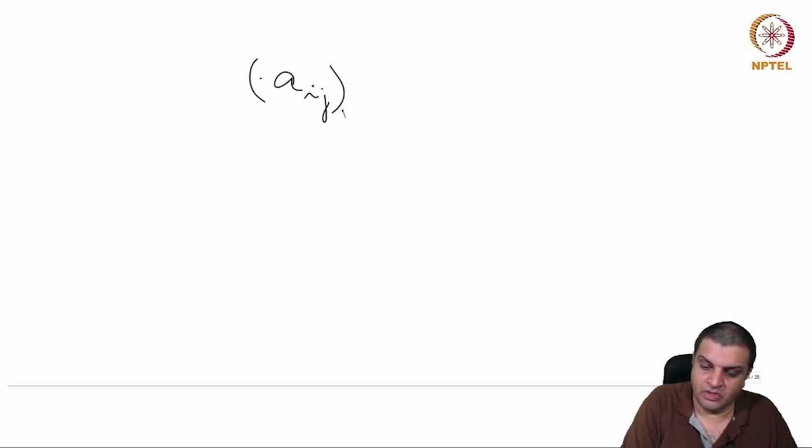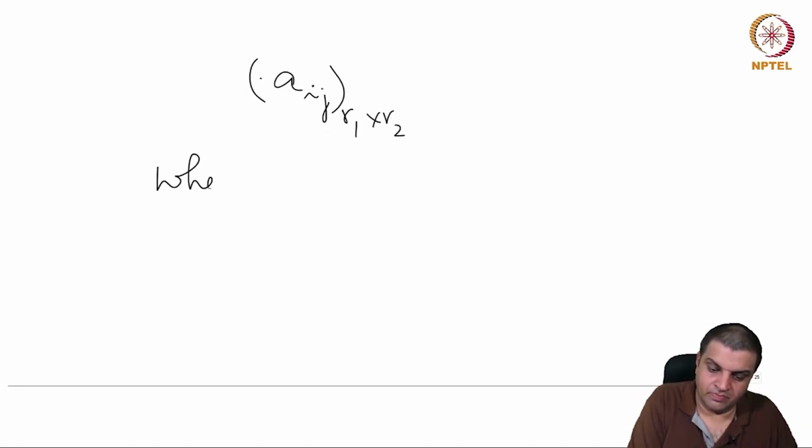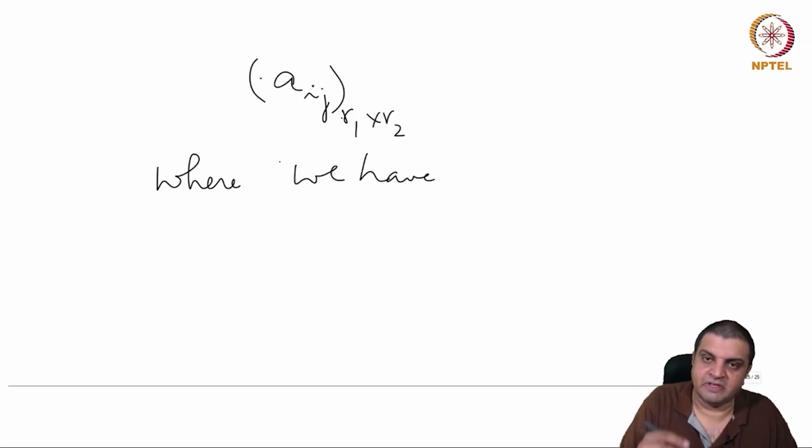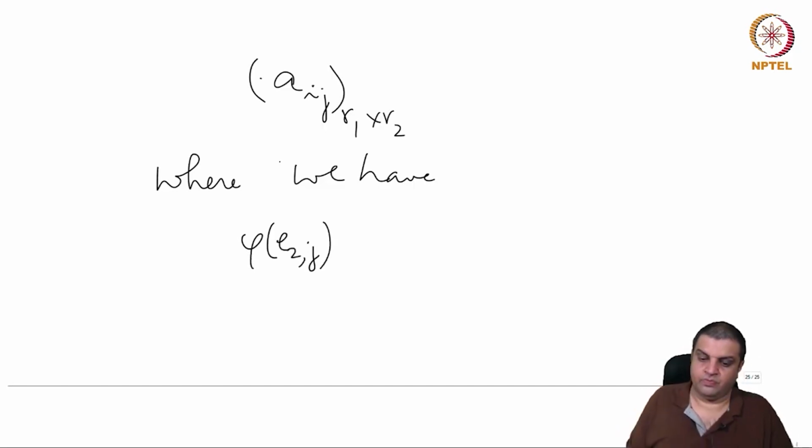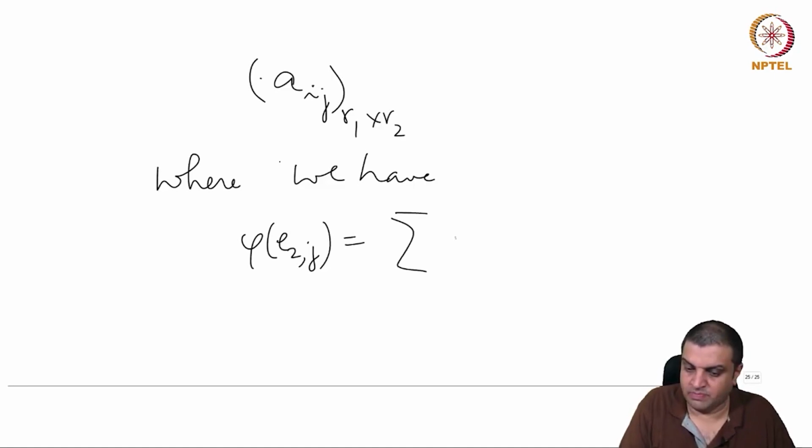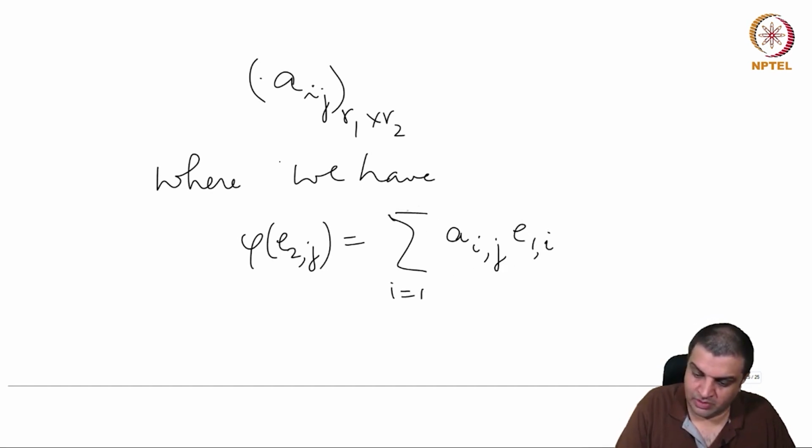This will be an R1 by R2 matrix, where the jth column is defined as follows: psi1 of E2j is the sum of Aij times E1i. This describes the jth column.